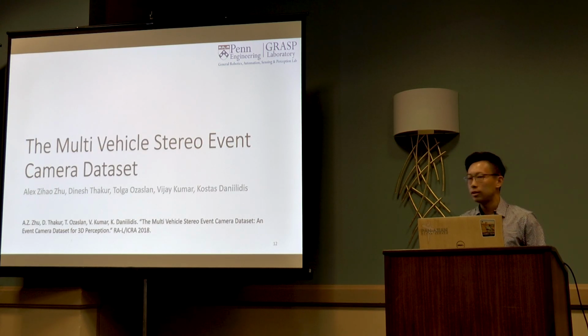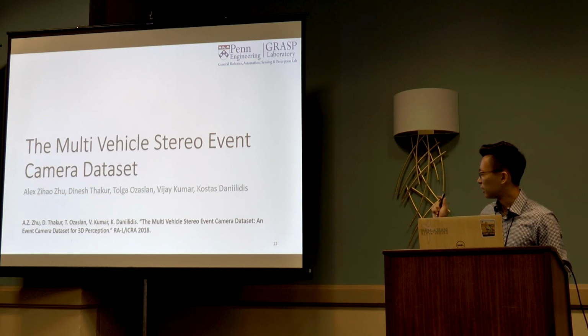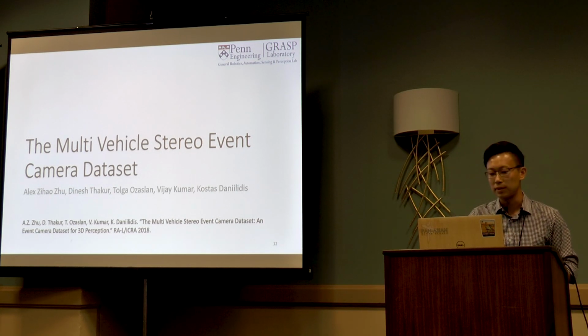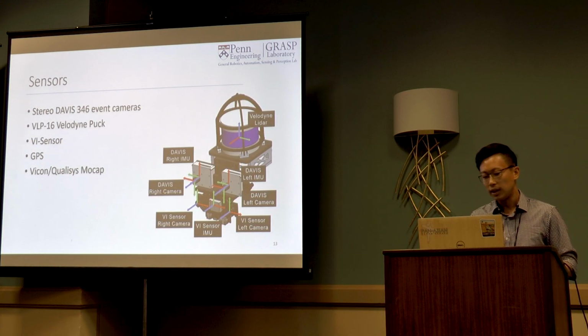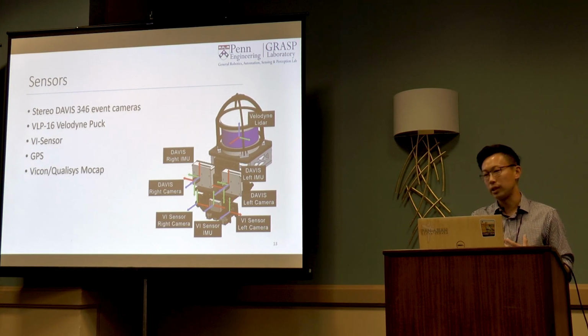So we started this by generating a data set. If you want to do deep learning, regardless of whether it's supervised or unsupervised, you need data. So I think in ICRA of last year, we generated the multi-vehicle stereo event camera data set, or MVSEC. The name is pretty descriptive. Basically, we have a stereo event camera, which we mounted below a Velodyne LiDAR, which gives us very, very accurate depths.